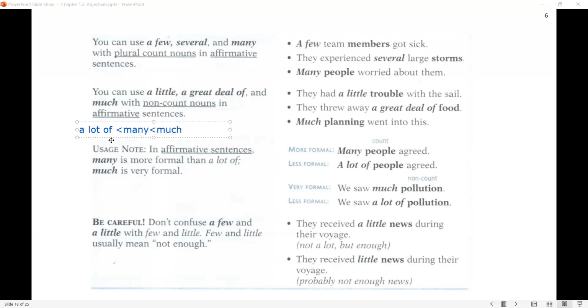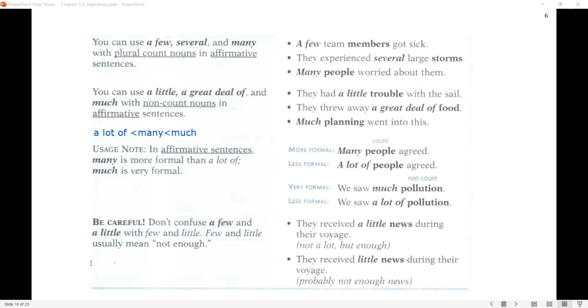So you can summarize it this way. Example, many people agreed. It is more formal than a lot of people agreed. So you can use this one in writing and this one in speaking. Very formal. We saw much pollution. We saw a lot of pollution, less formal.